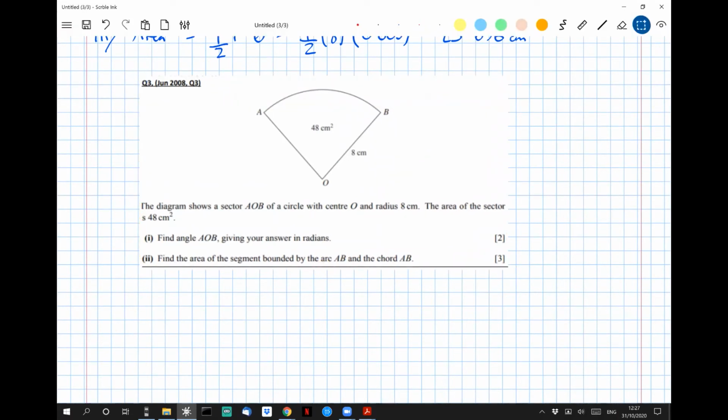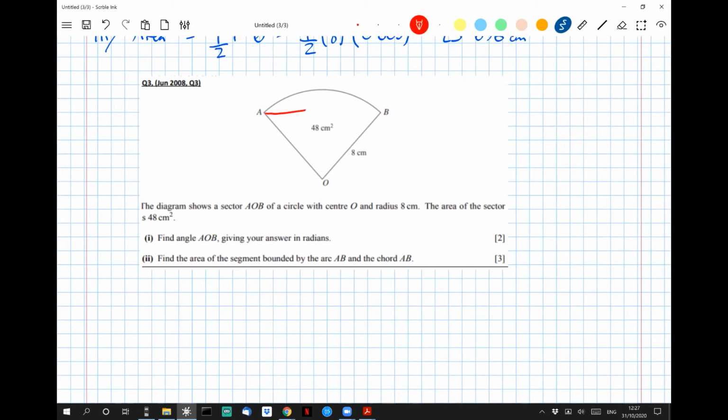The diagram shows a sector AOB of a circle with center O and radius 8 centimeters. The area of the sector is 48 centimeters squared. Find AOB in radians and find the area of the segment bounded by the arc AB and the chord AB. Key notation there as well.